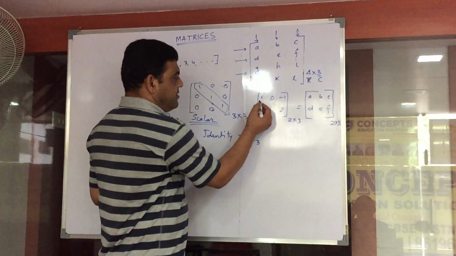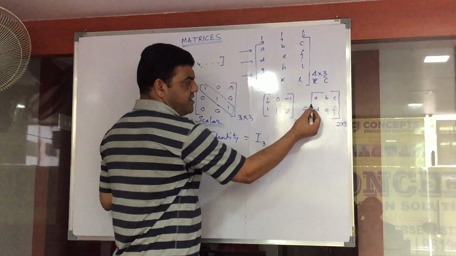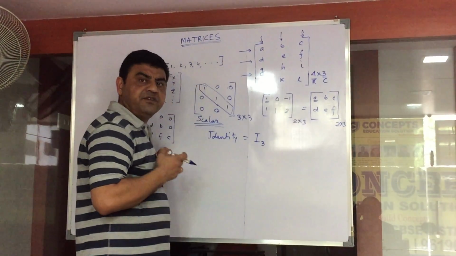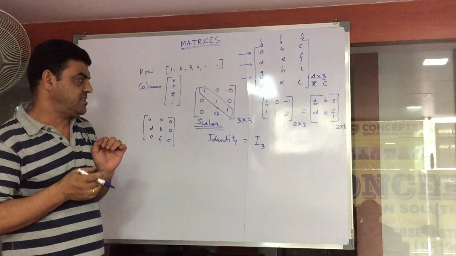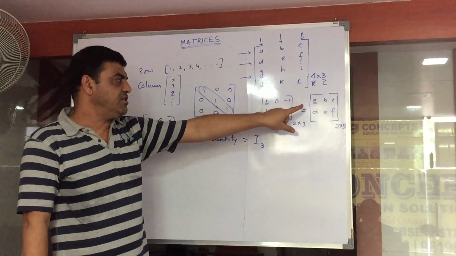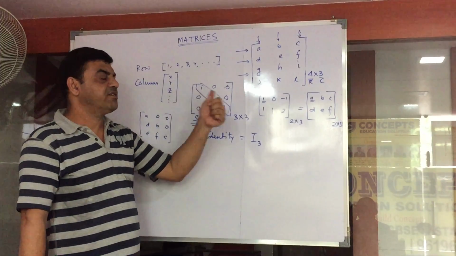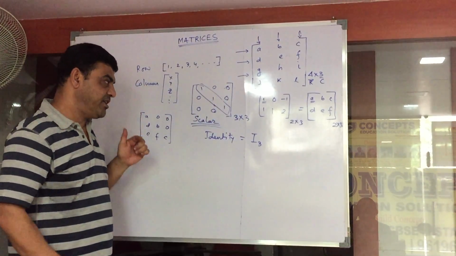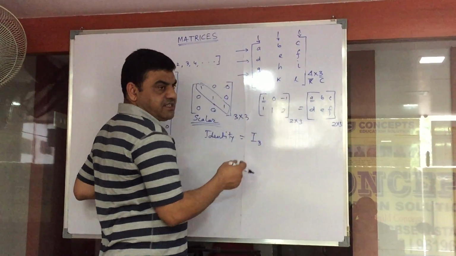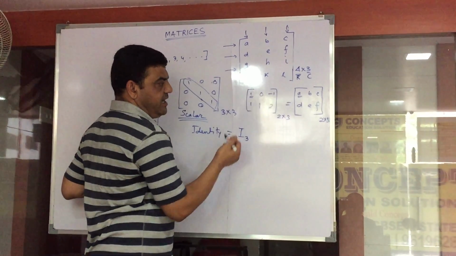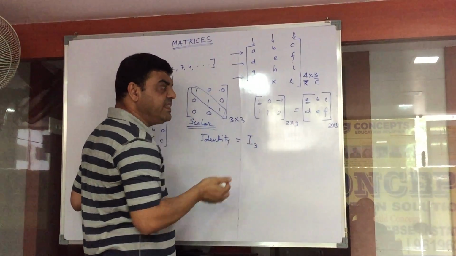That means the first row first column element is equal to the first row first column element of the second matrix also. So A is equal to 1, B is equal to 0, C is minus 1. Subsequently we can get some mathematical relation between the alphabets, algebraic elements. That's how we compare.